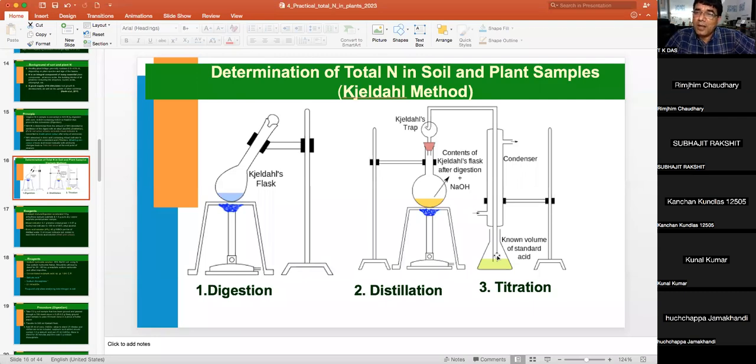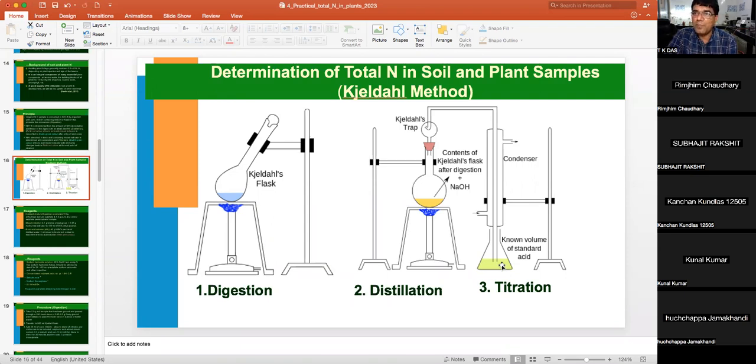Since ammonia is basic in nature, you can take red litmus paper in your fingers and put it here. Some drops will come, and if the color remains red, then you may assume that ammonia is not coming.